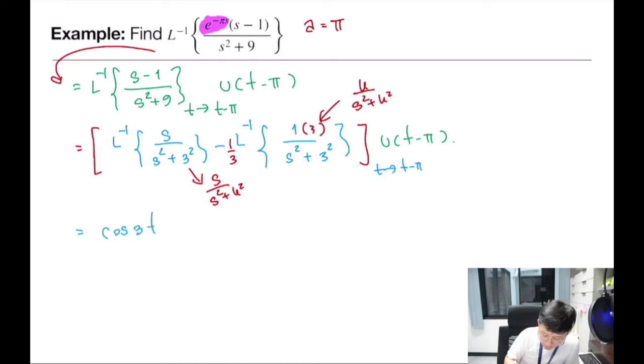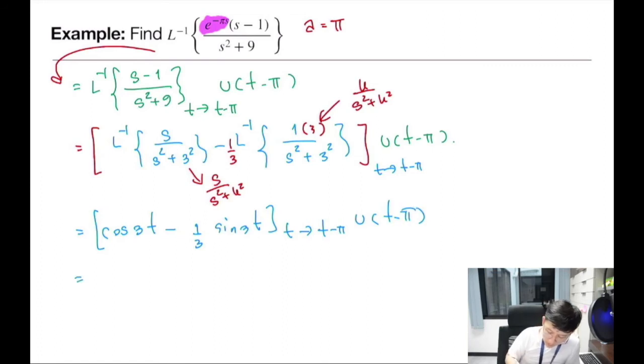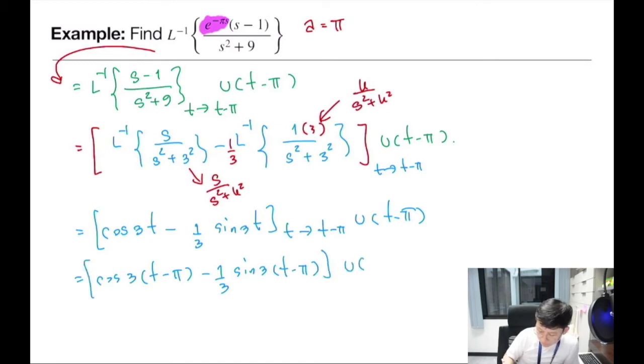Cos 3t minus 1/3 sine 3t, and then shift t to t minus pi and then u of t minus pi, and that would be cos of 3 times t minus pi, minus 1/3 sine of 3 times t minus pi, and you would have u of t minus pi. And that is the answer. You can just stop here.